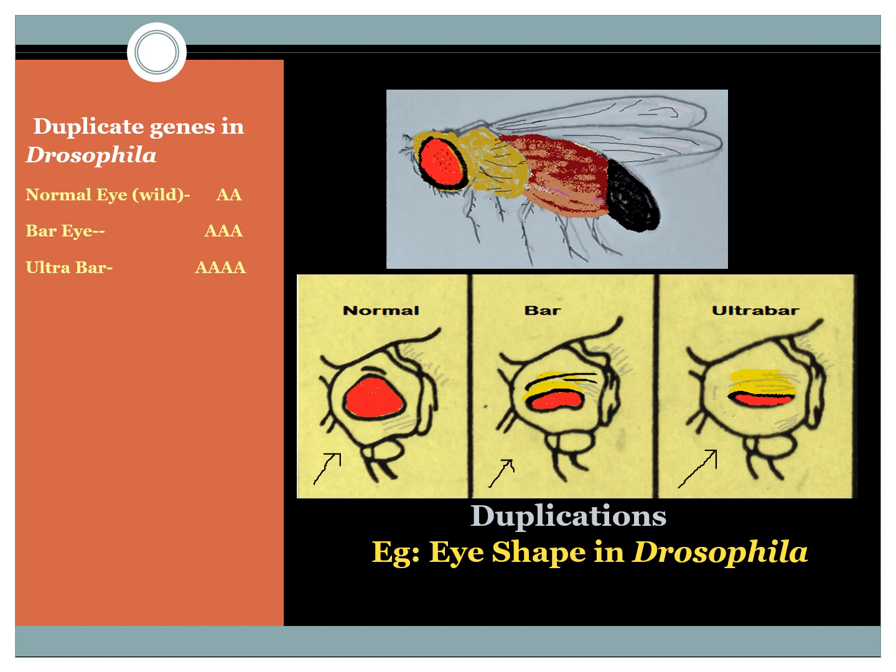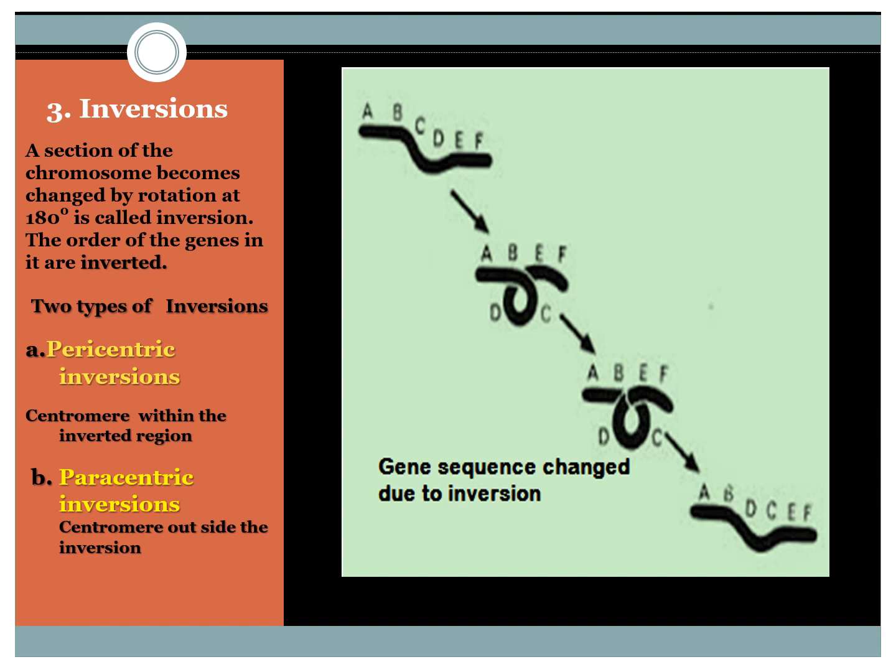Next one is inversions. A segment of the chromosome that is changed by rotation at 180 degrees is called an inversion. The order of the genes in it is inverted. Inversions arise by the formation of loops on a chromosome. See here, it is a loop. A break may occur at the point of inversion of the loop.